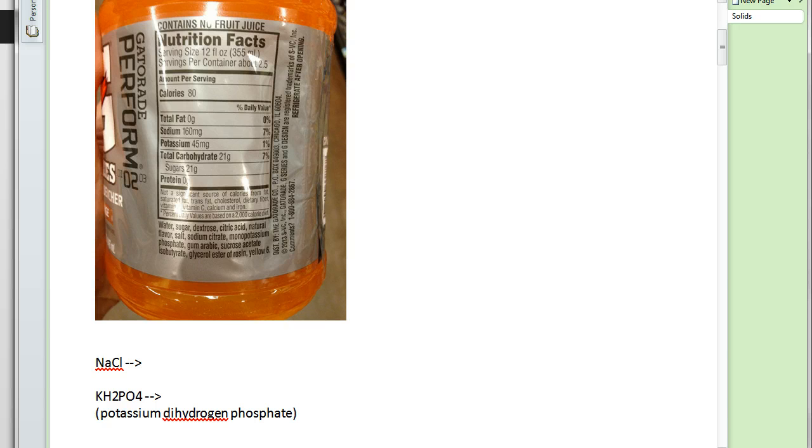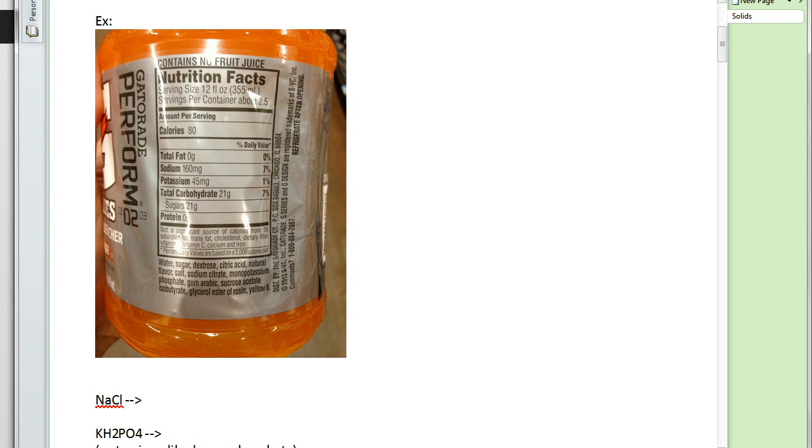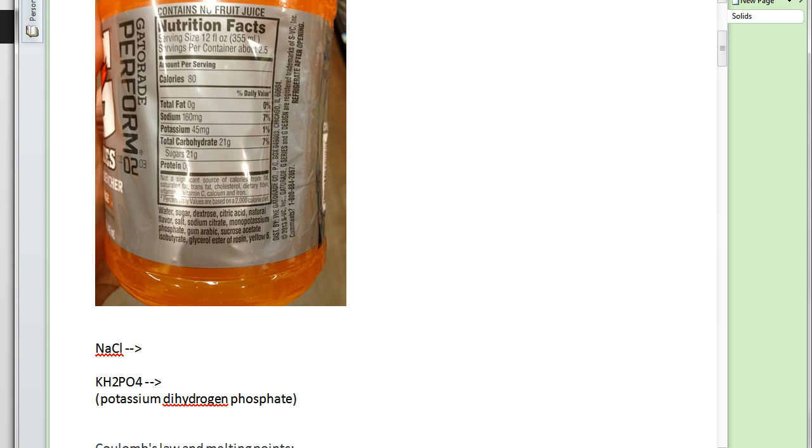When these are put into solution, we know that they're going to ionize. They're both soluble, so sodium chloride is going to break up into the sodium ion and the chloride ion. Now we have these ions floating around in solution, and we form a weak electrolyte. Those electrolytes are what you're losing.